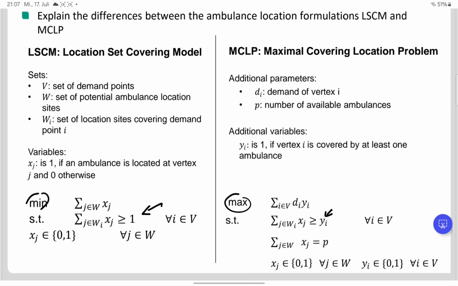In the maximal covering problem, we try to maximize the covered demand. In the set covering model, we try to minimize the number of ambulances. So the coverage is different.